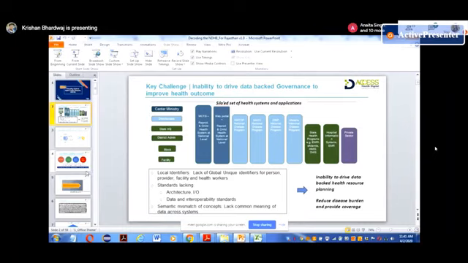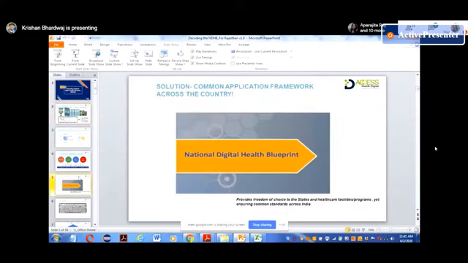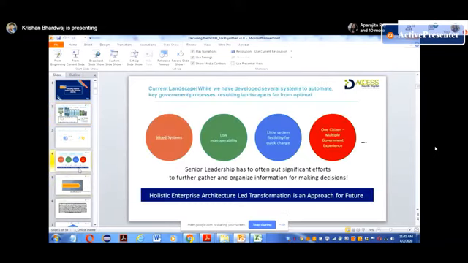Just to add to that, Krishan, since you mentioned COVID: when confirmed COVID patients are put into hospitals, all the treatment data that they undergo is not coming back for epidemiological analysis, because every hospital is storing the data in a different format.